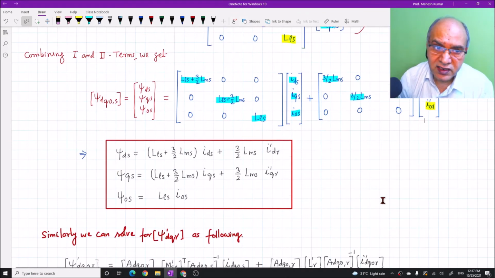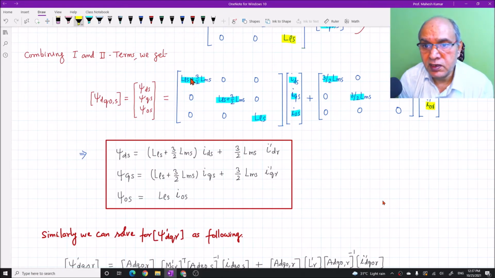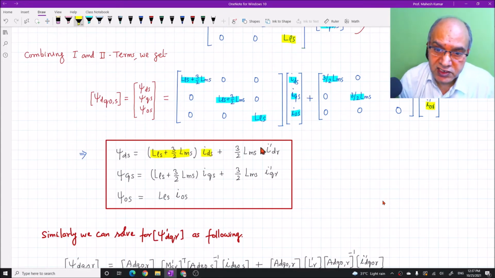We can extract each variable separately. So psi ds becomes this one into this: LLS plus 3 by 2 LMS into IDS plus 3 by 2 LMS into IDR dash.